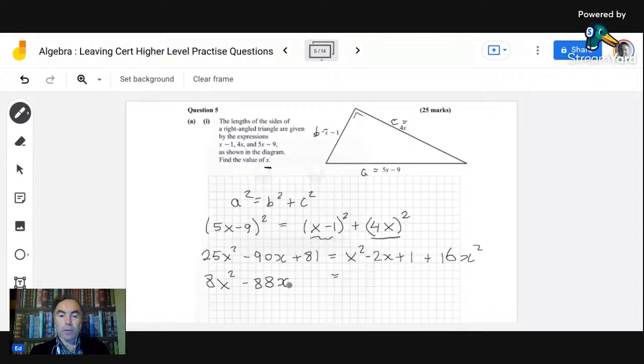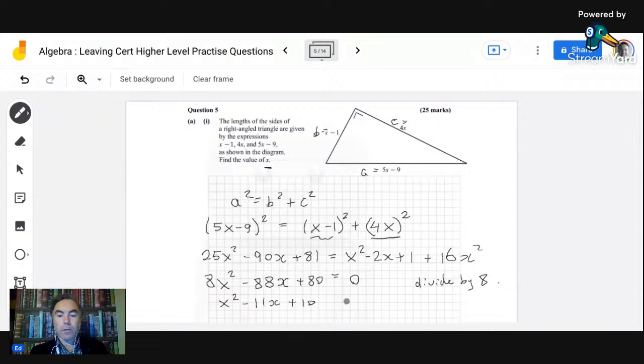Okay, and bring over the 1 then, so that'll be a plus 80. I can see there that everything is divisible by 8, so just divide by 8. I'm doing this in my head now real quick, so we just have to go with the flow. So 8x squared minus 11x plus 10.